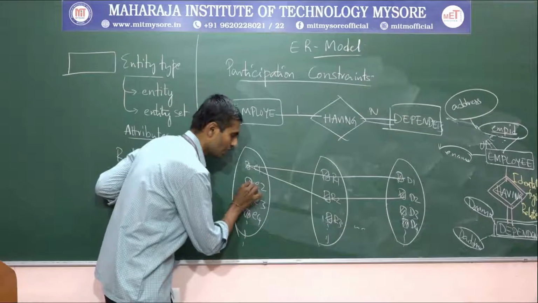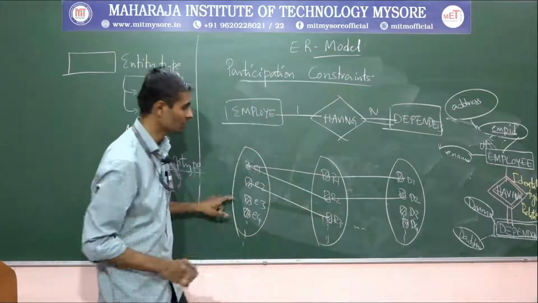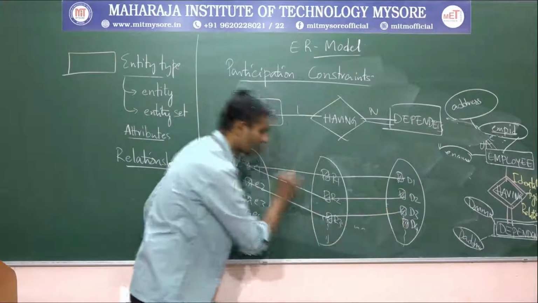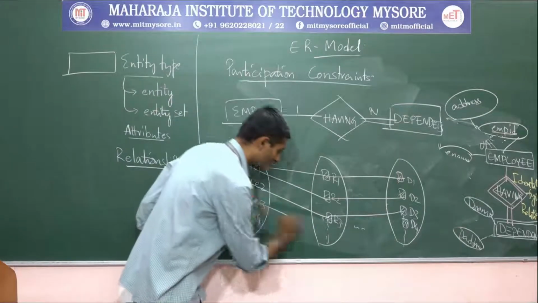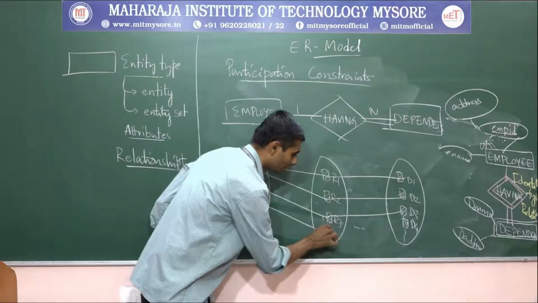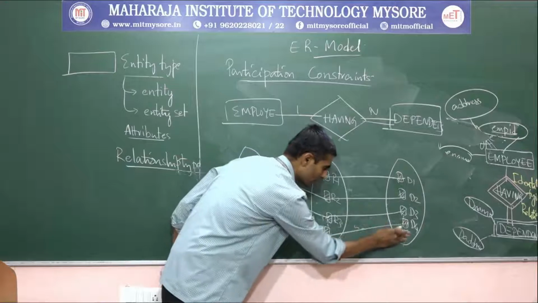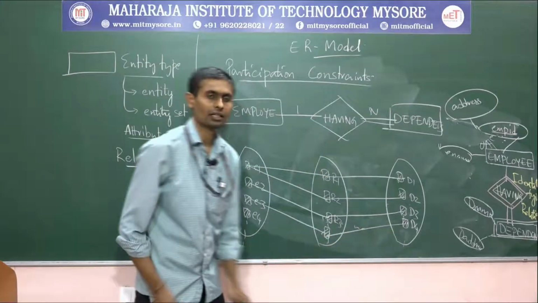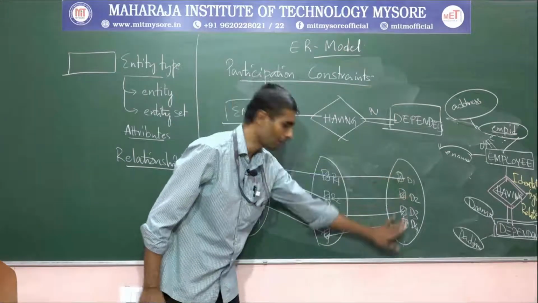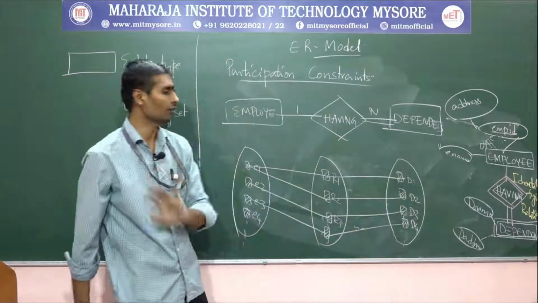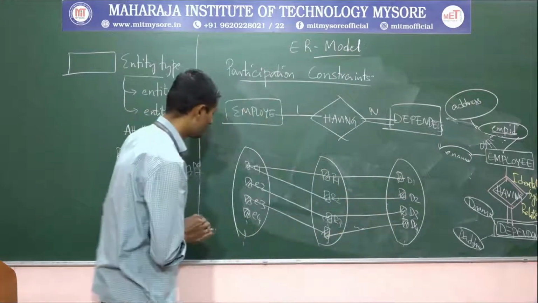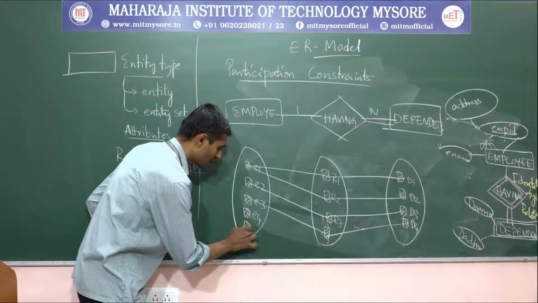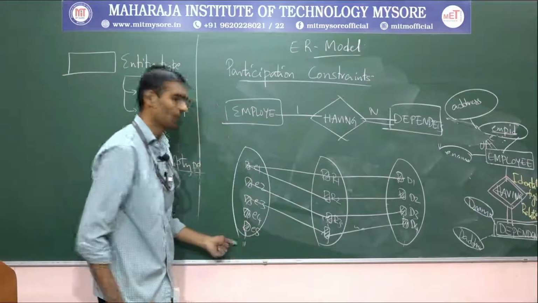And here, let's assume, guys, with R3 I have written E3 having only one dependent connected with this relationship instance. Let's assume after this I don't have any more instances of dependent, I only have D1, D2, D3 and D4, only 4 instances. Let's assume I have a few more employees, E4 and E5.